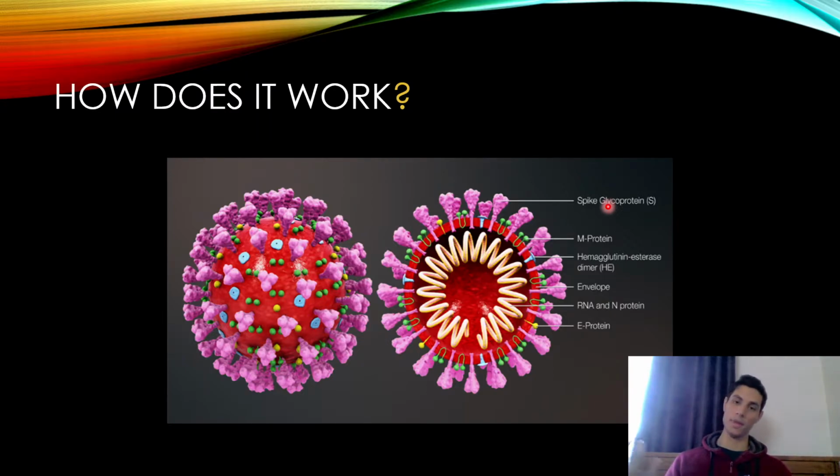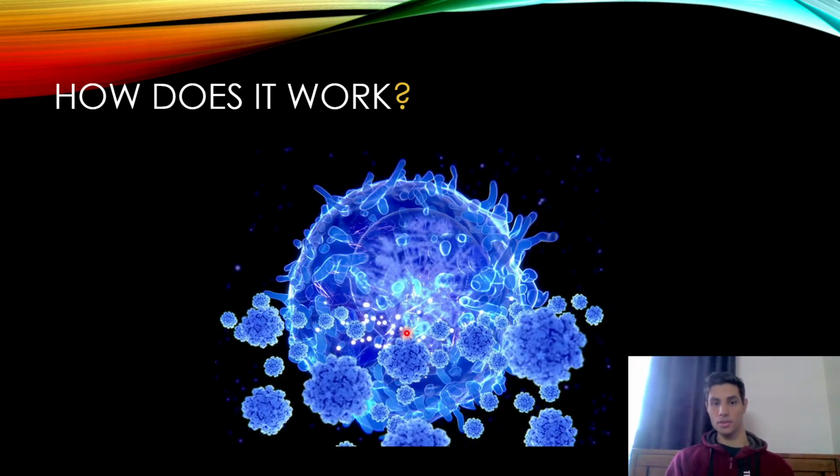When immune cells come in, they recognize that sequence and start making an immune response towards it, making memory B cells and T cells. What that does is that it immunizes the patient from any future exposure to that virus.